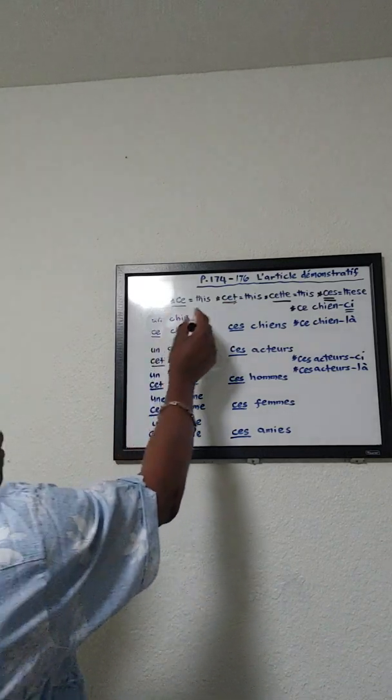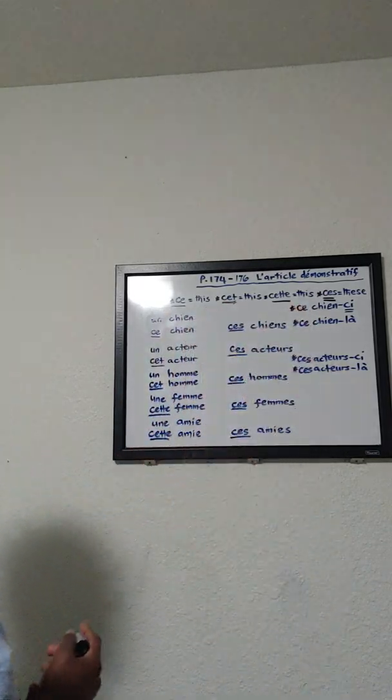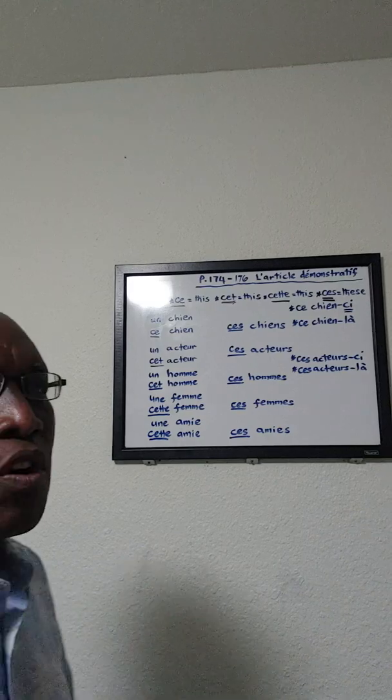Now, to use these in context, you have to know the gender of the noun that these will be used with. These are placed in front of the nouns, just like some adjectives in French. And you know, the article in French is always placed in front of the nouns.